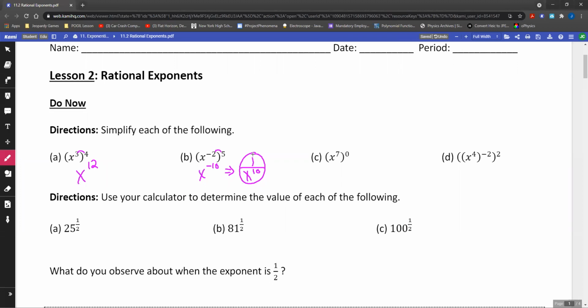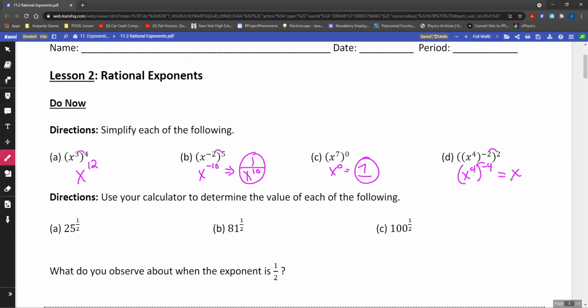For C, we don't have to do anything crazy because anything multiplied by 0 is 0, and anything raised to the 0 power is just 1. And then over here, we can actually do the power rule twice. So we can move the 2 times the negative 2 there. So we get negative 2 times 2 is negative 4. Do the same thing with these two 4s.